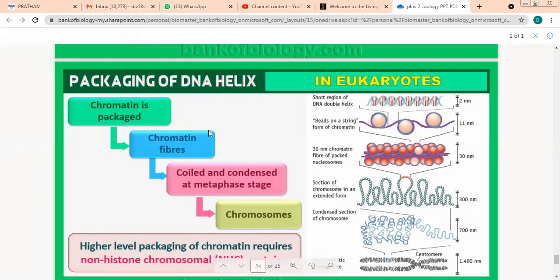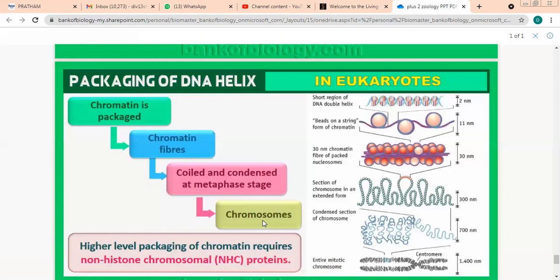This fiber becomes coiled, beta, like this. At what stage of cell division? Metaphase stage. And then what is formed is chromosomes. So first, from chromatin threads we get chromatin fibers, and from chromatin fibers we get chromosomes.